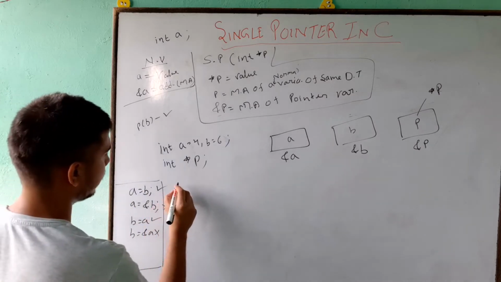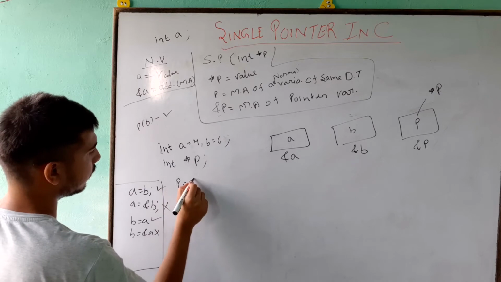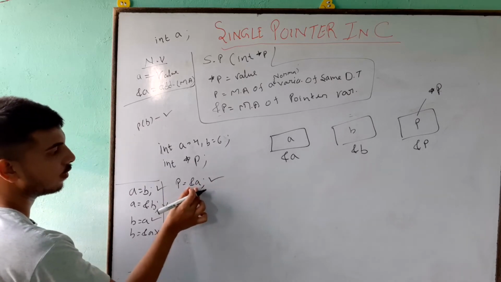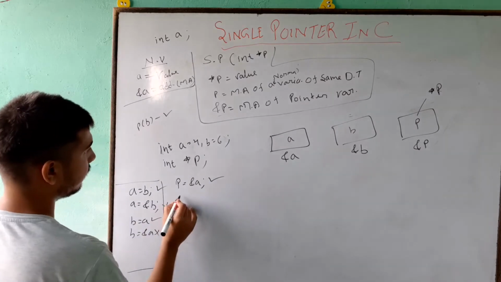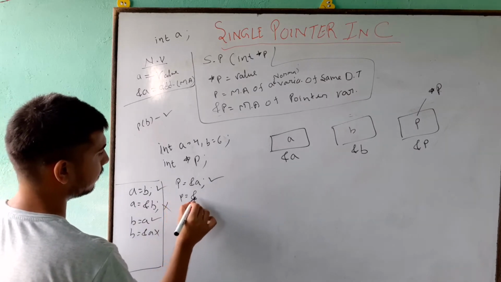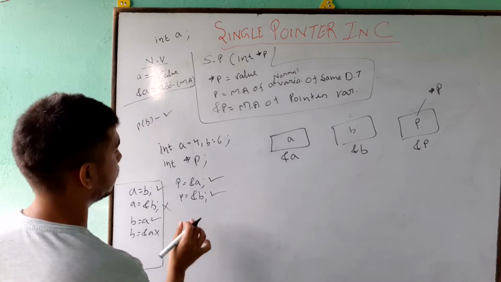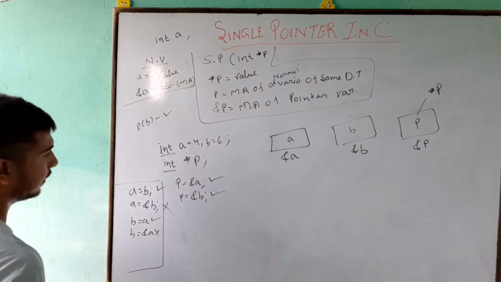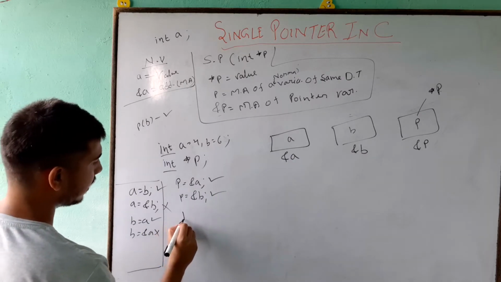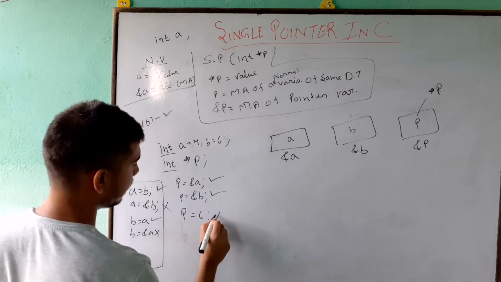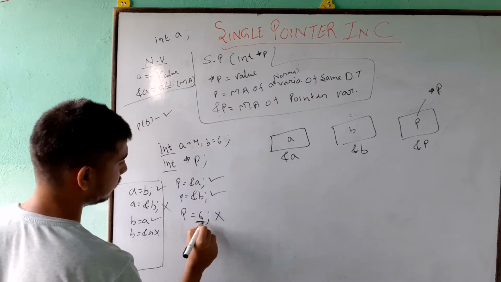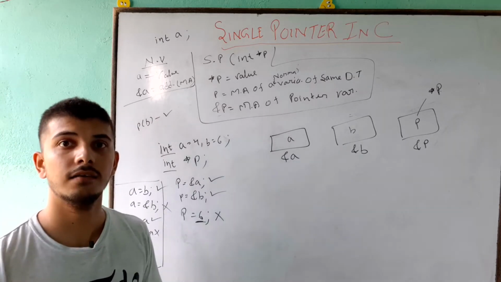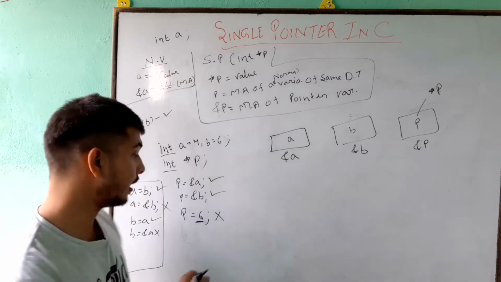Now let's talk about pointers. If I am writing p = &a, it is valid. Why? Because this is the main address of a normal variable. If I am writing p = &b, it is fine because it is the main address of a normal variable, plus both are of the same data type. Now if I am writing p = 6, it is an error because this should be an address of the same data type and it cannot be a value.